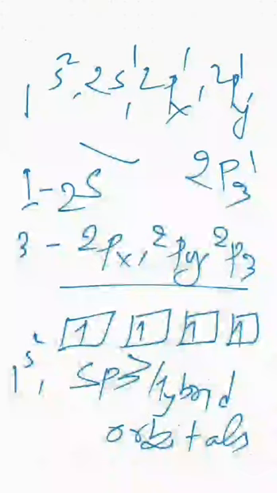So we have four new sp3 hybrid orbitals which are identical in shape and in energy. When this sp3 hybridized carbon atom goes into the bonding procedure with hydrogen atoms in case of methane, what will happen?